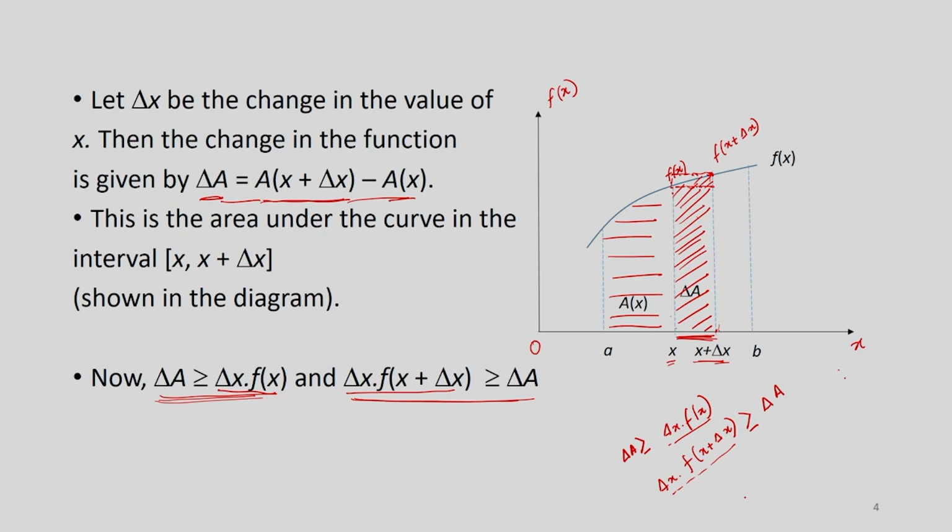What is delta A? Delta A is the area below the function. So, that is the right hand side, but on the left hand side you have the area below the function, and you have something extra. Okay. That is why this should be greater than or equal to delta A. Why equal to? Well, greater than one can understand, it is obvious. Why equal to?